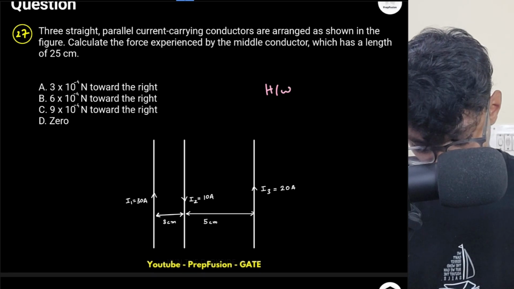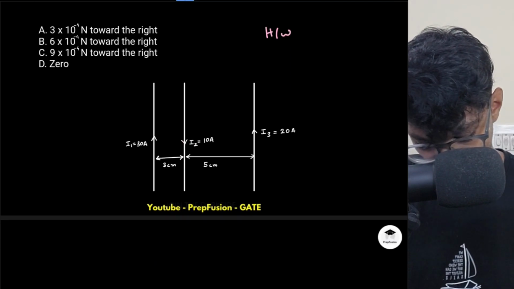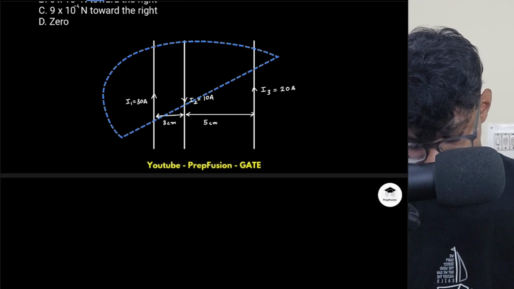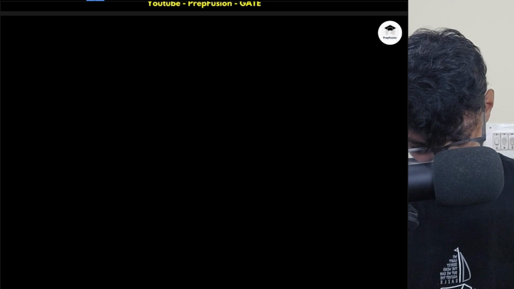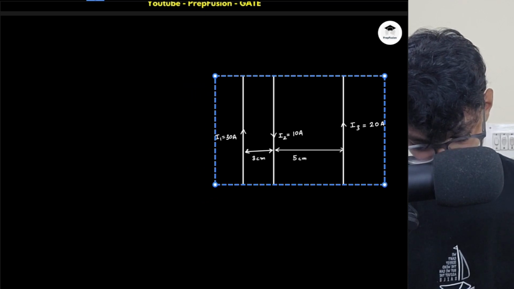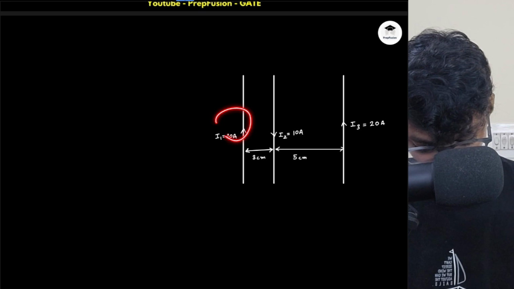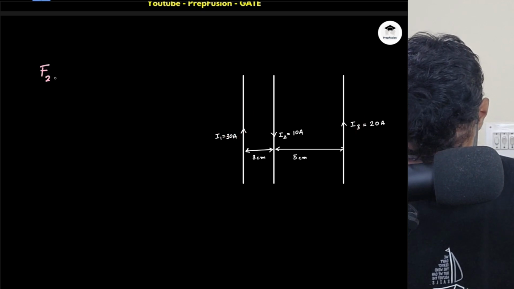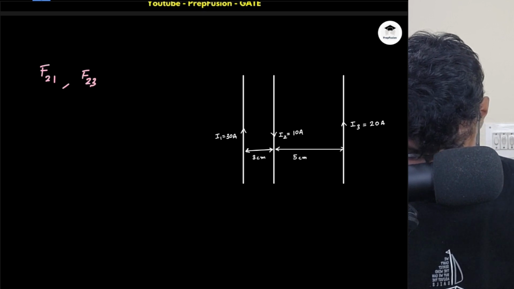I have to find the force experienced by the middle conductor. So it will experience two forces, right? I will just copy this. If I observe here, it will experience two forces. One will be due to this conductor, the other due to this. So the forces will be F21 and F23.